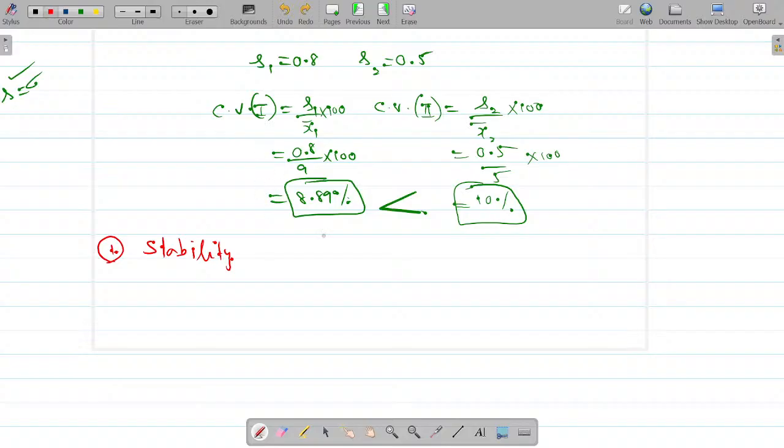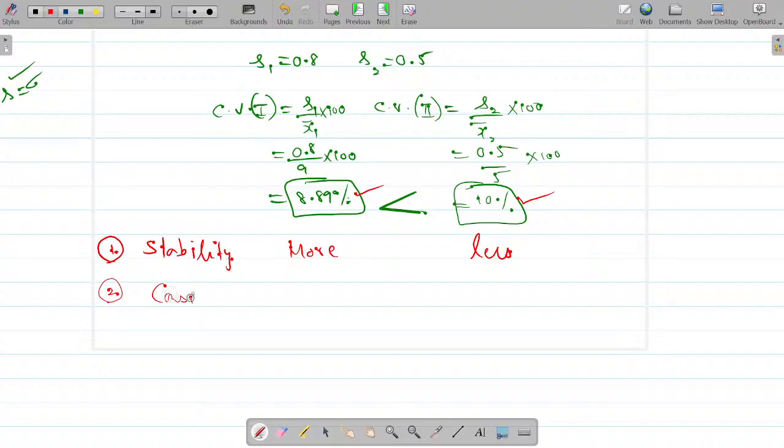When you say the deviation is 10%, it means it is a bit far away. The values have been far away located. Compared to 10%, 8.89% is somewhat closely packed. So we call this data as more stable, with respect to stability.